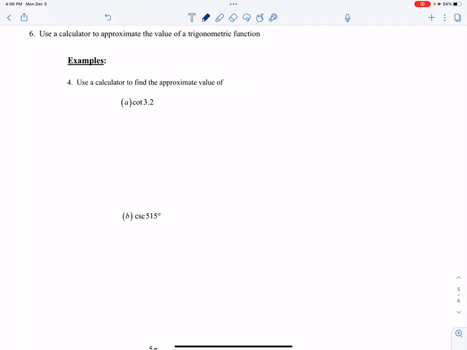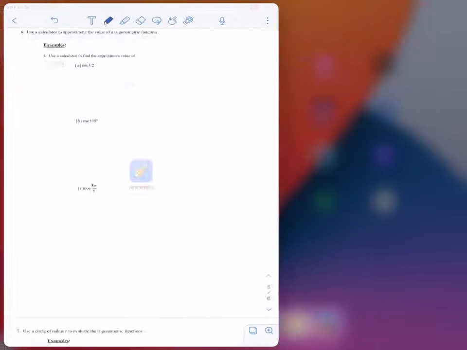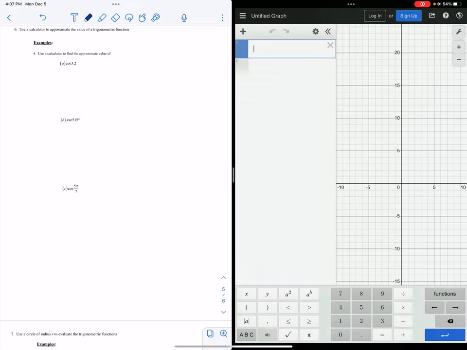Okay, now I want to get some practice putting these things into the calculator. So grab your calculator, and we're going to start with cotangent of 3.2. So first, we need to put cotangent in, and there is not a cotangent button. So what we're going to do is use what we know about our properties. What do we know about cotangent? Cotangent is 1 over tangent.